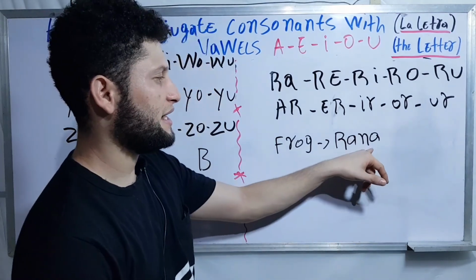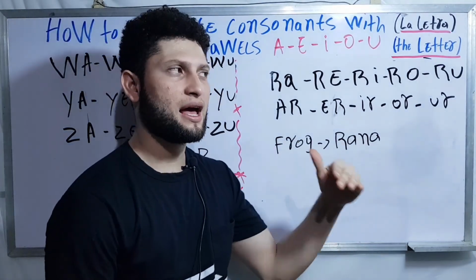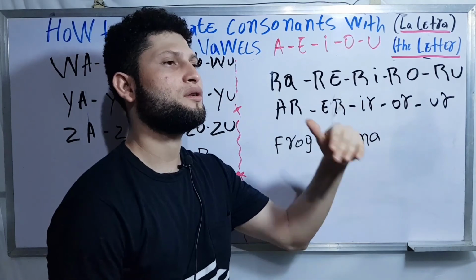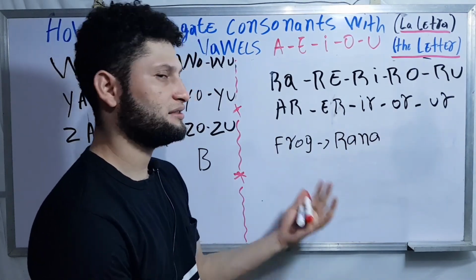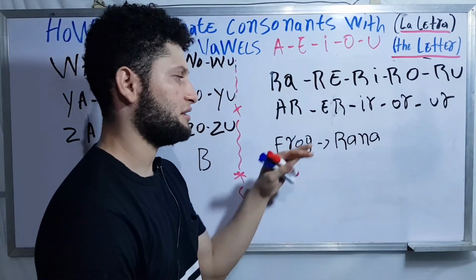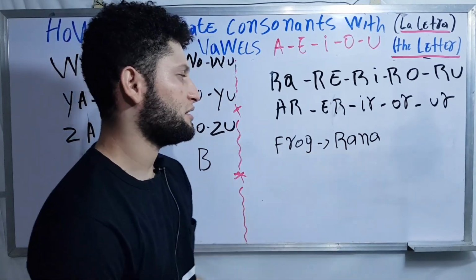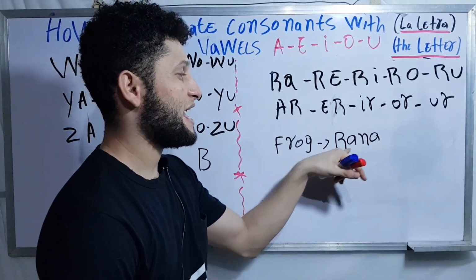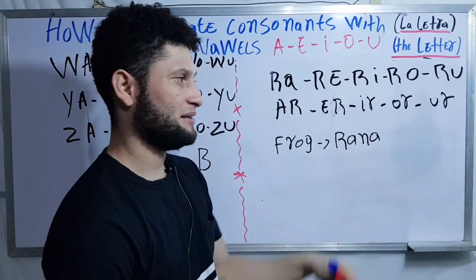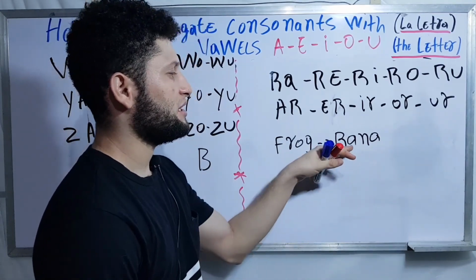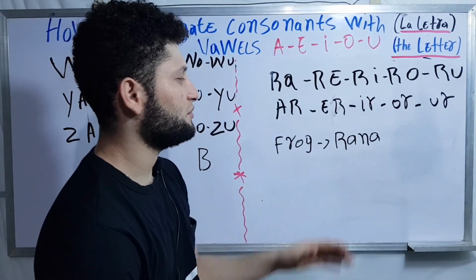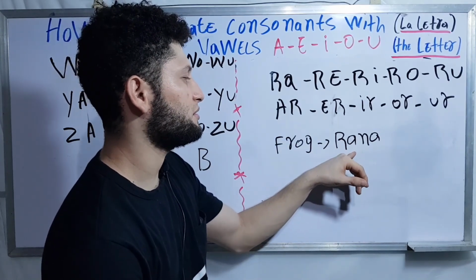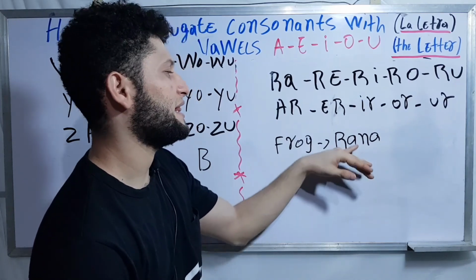Rana. Na is na, ne, ni, no, nu. It's super easy to conjugate certain words in Spanish, as you notice. These two letters at the beginning of the word sound like this all the time.